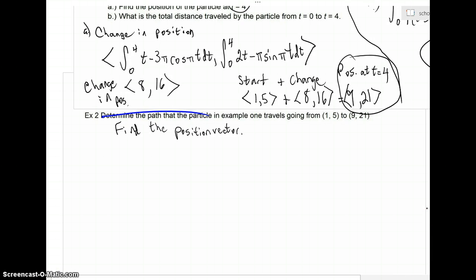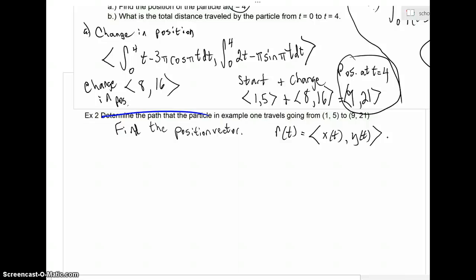Find the position vector in example 1 that's going from 1 comma 5 to 9 comma 21. Now the position vector, of course, is very different. It's like an r of t vector. We write that a lot, and that means we need x of t comma y of t. And of course, right now you might be thinking, how on earth can I do that?